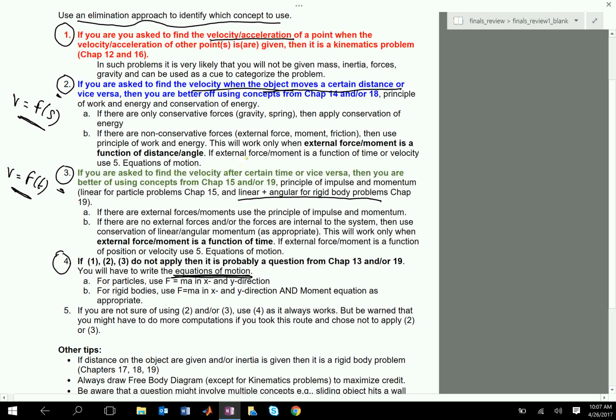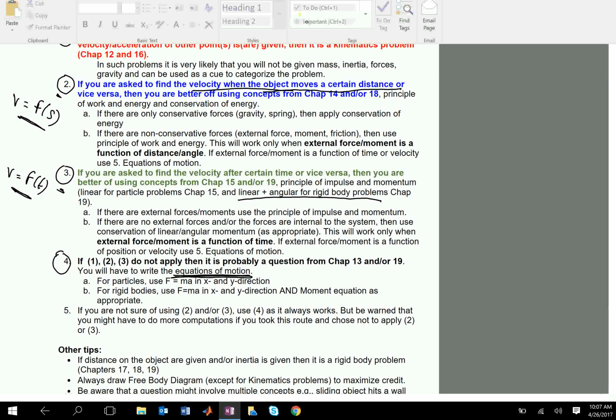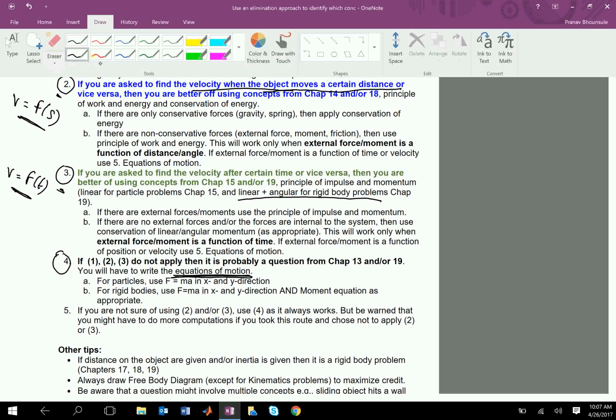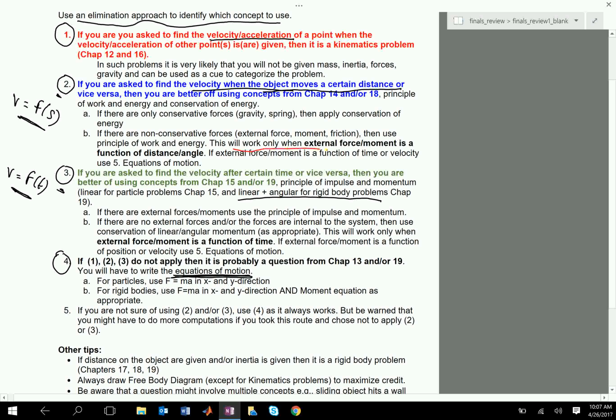By the way, there are some exceptions. There's an exception here. Underline it with red. And there's another one here.